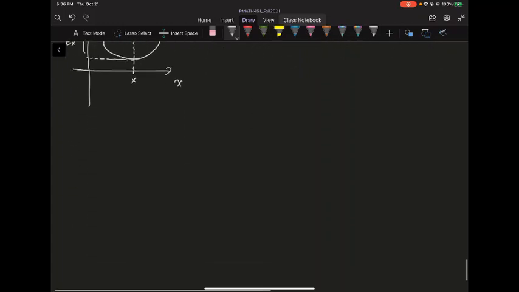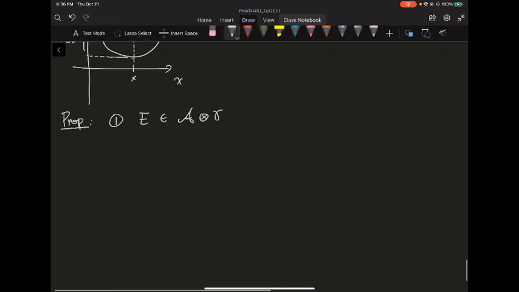The first lemma or proposition we're going to prove is the following. First of all, if E is inside the product sigma algebra A cross B, then I can show that these sections, E_x and E^y, are both measurable.